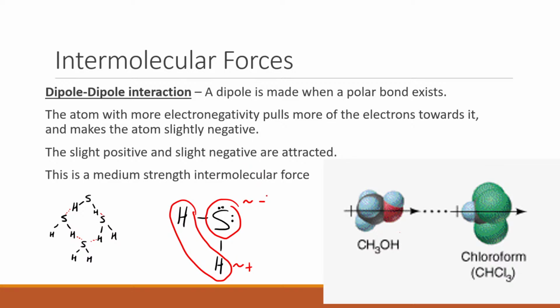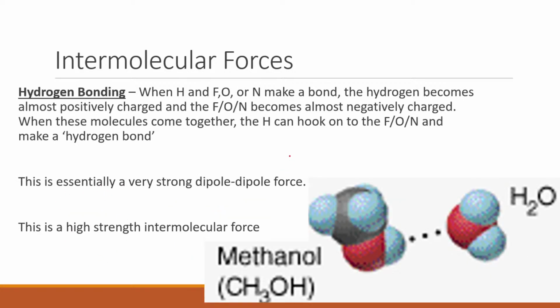It's still this sort of negative and sort of positive interacting in this way, but the dipoles that are formed in a hydrogen bond, H connected to F, or H connected to O, or H connected to N, those are the three strongest dipoles. So strong that they get their own category. They get this hydrogen bonding category. It's still the exact same idea.